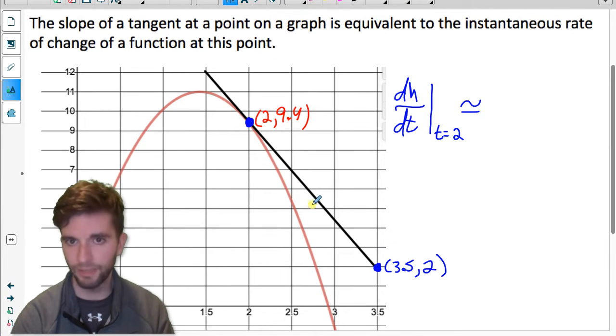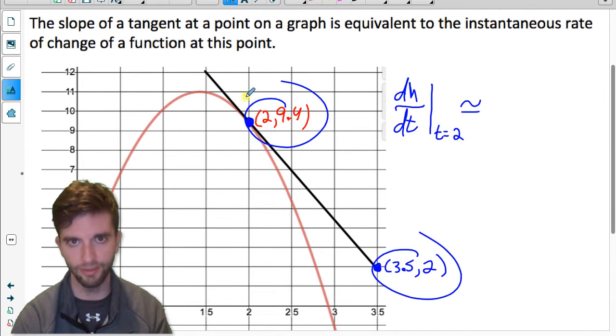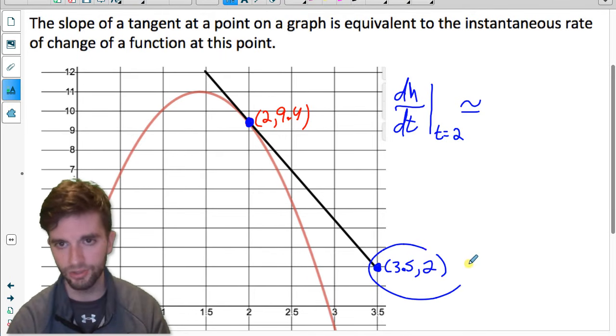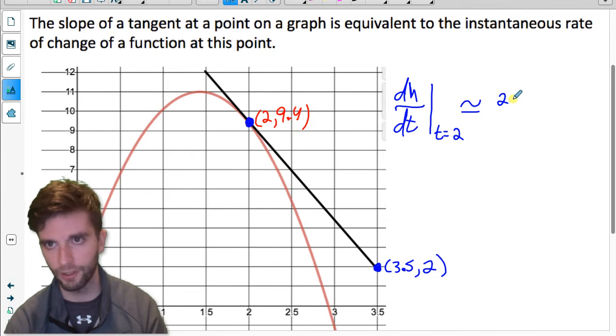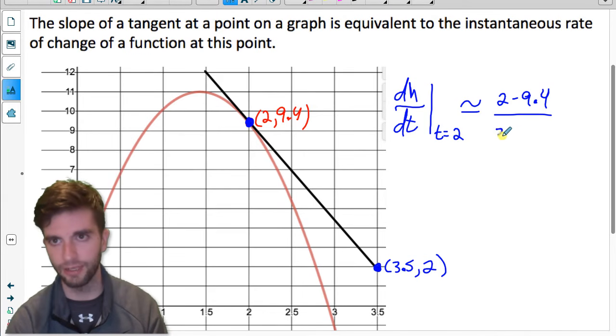We're going to estimate it by doing change in y over change in x for this point and this point. I'll just do y2 minus y1 over x2 minus x1. So I'll choose this to be my second point, doesn't really matter, and do 2 minus 9.4, that's my change in y values, divided by my change in x values, 3.5 minus 2.